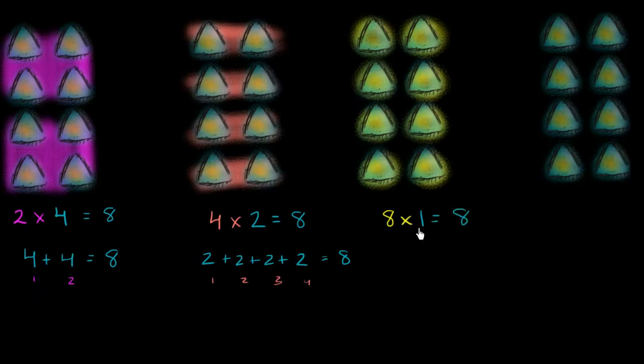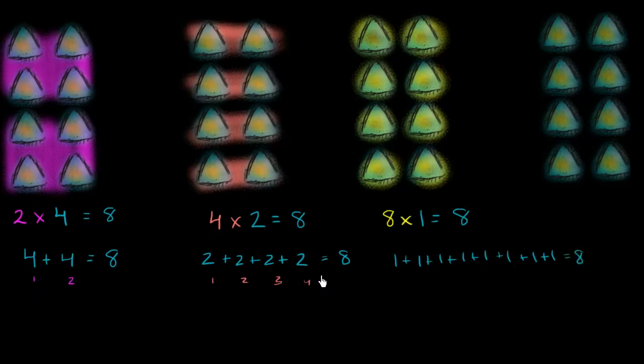And if we wanted to write this down as repeated addition, well, this is literally 8 1's. So 1 plus 1 plus 1 plus 1 plus 1 plus 1 plus 1 plus 1 is equal to 8.